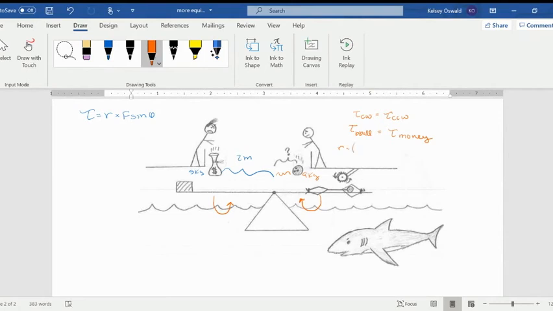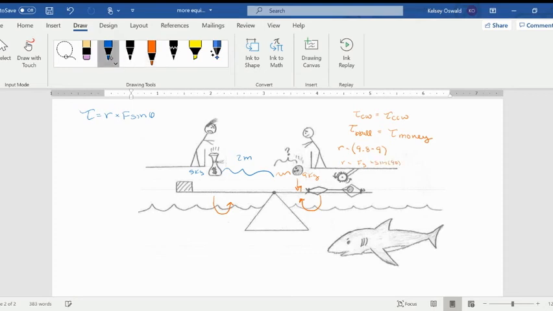However, we do know that it's the weight of the bowling ball, or our force of gravity, that would cause that board to rotate. And we find force of gravity by doing 9.8 times our mass, or 9 kilograms. Since force of gravity acts straight down, that's a 90-degree angle. That's sine of 90, so we don't need to include that here since it's 1.